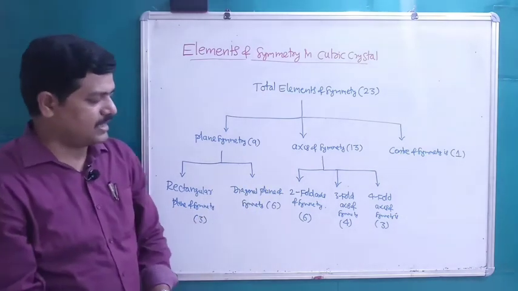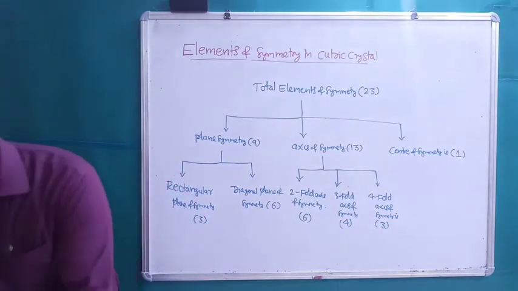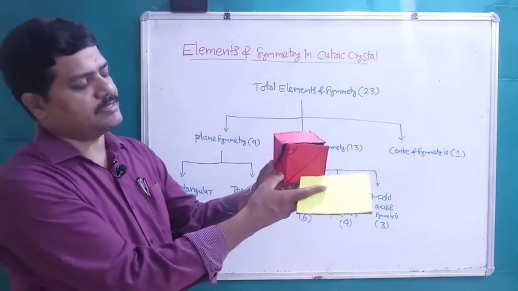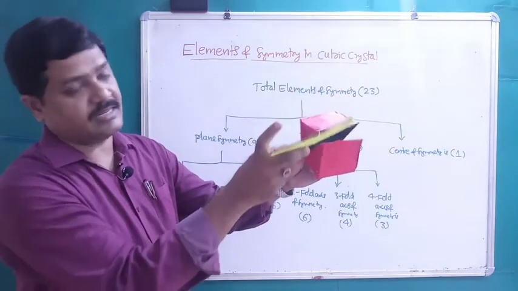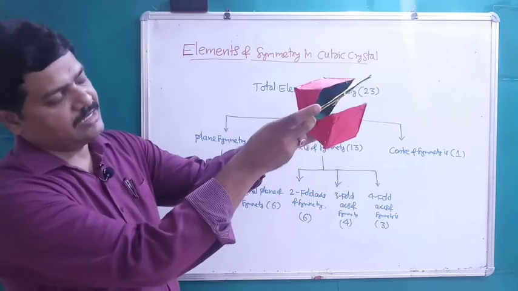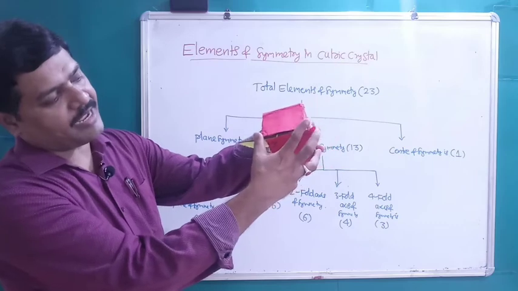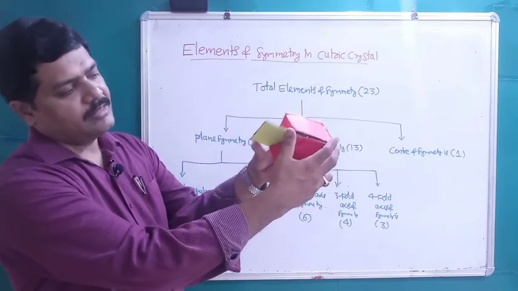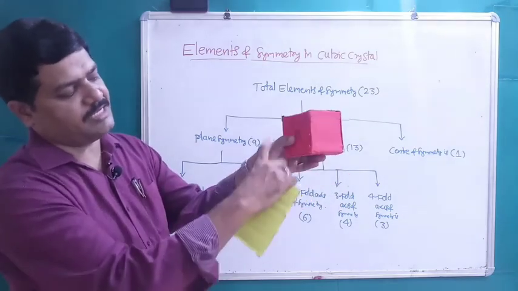Diagonal plane of symmetry is 6. The diagonal plane of symmetry is the plane which passes through opposite edges, the opposite edge centers. You take this edge and this edge, which is called a diagonal plane of symmetry. We know in a cubic crystal the number of edges is 12.